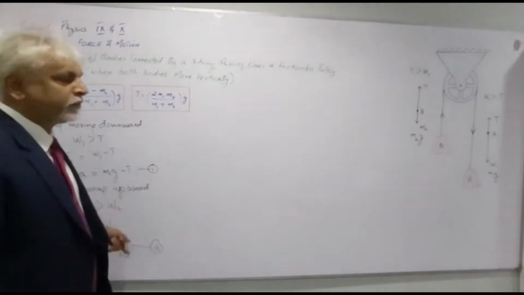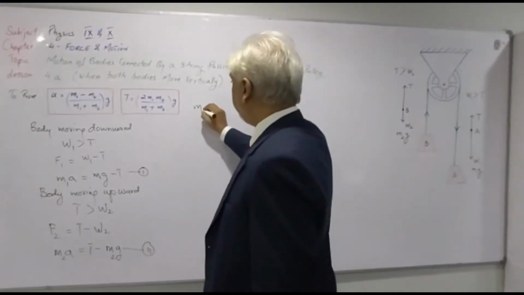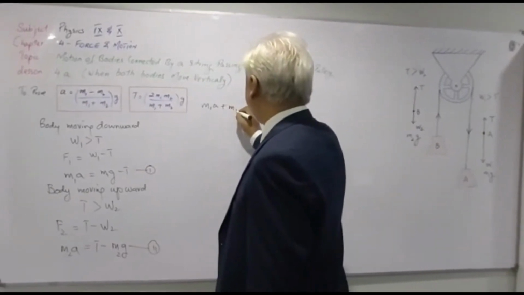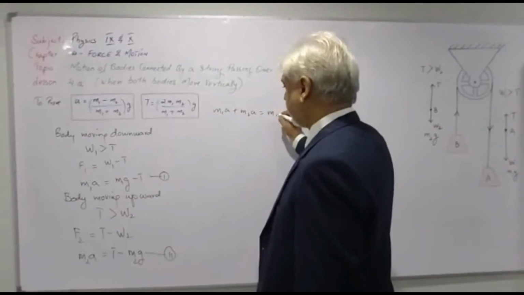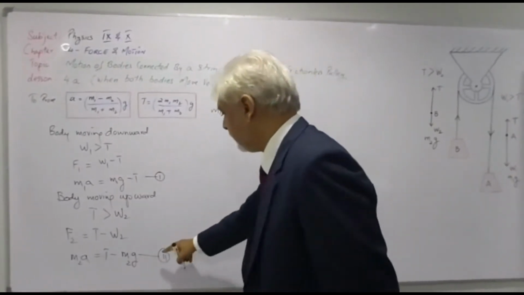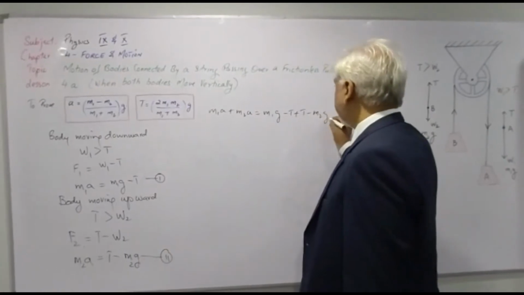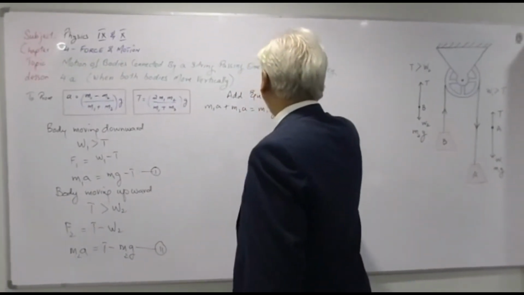Now, when I add these two equations, 1 and 2, what do I get? I get m1a plus m2a equals m1g minus T plus T minus m2g. This is when I add equation 1 and 2.